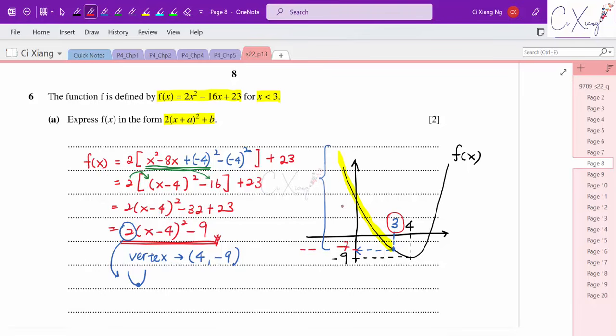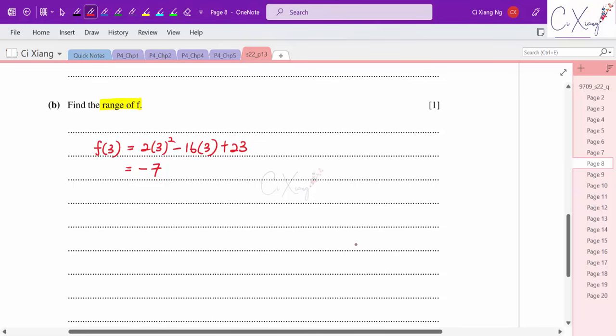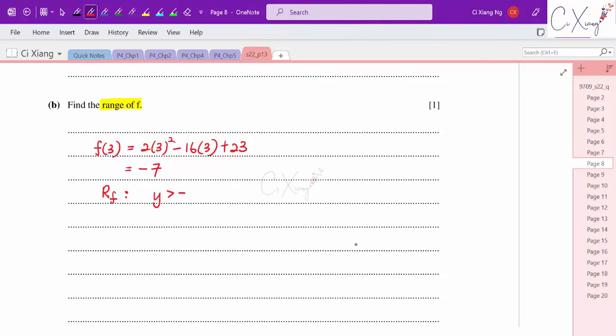My range for this part of the curve: the smallest value is negative 7 and it will keep on going up until positive infinity. Therefore, I can write out the range for the function this way, where y is greater than negative 7. So this is how we find the range for f.